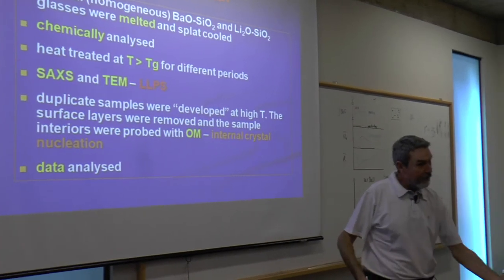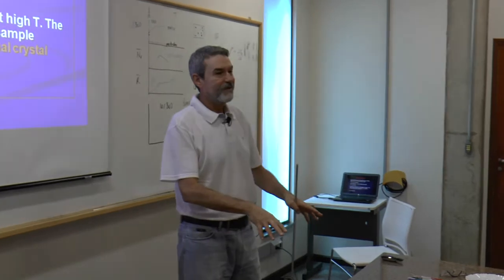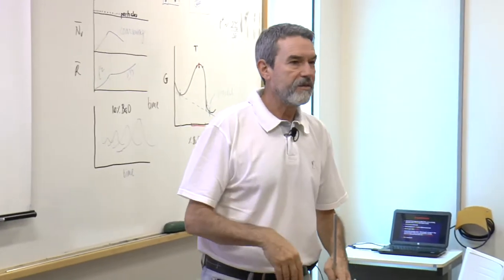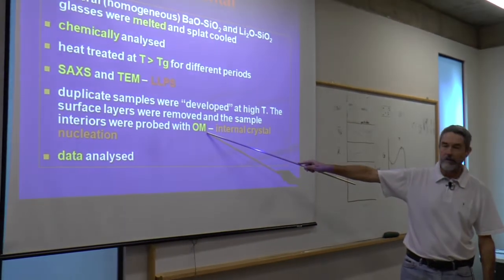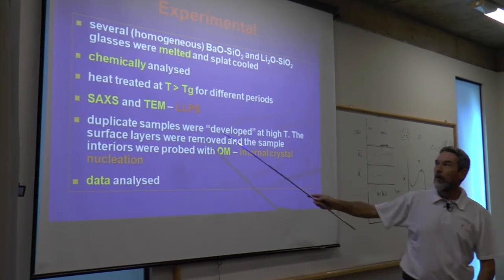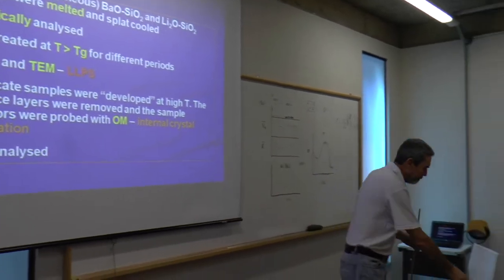So the phase-separated matrix was invisible under an optical microscope, but we could check for the crystals. So the crystals were checked with optical microscopes, and the liquid-liquid phase separation with these techniques. Okay.